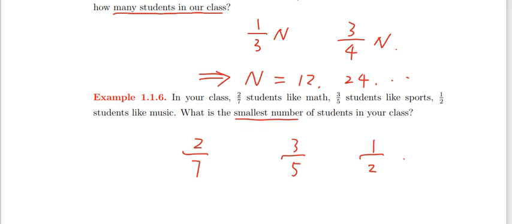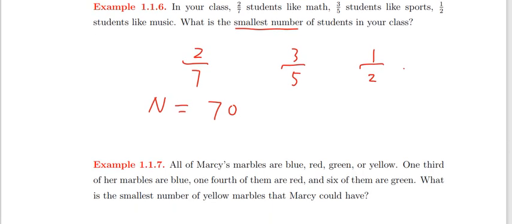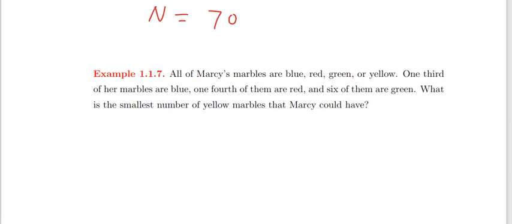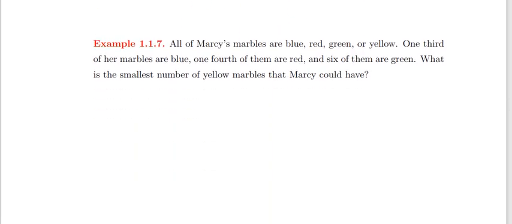The smallest number is just the common denominator for those fractions. So for 7, 5, 2, the common denominator is 70, right? Okay, so this is the common denominator.